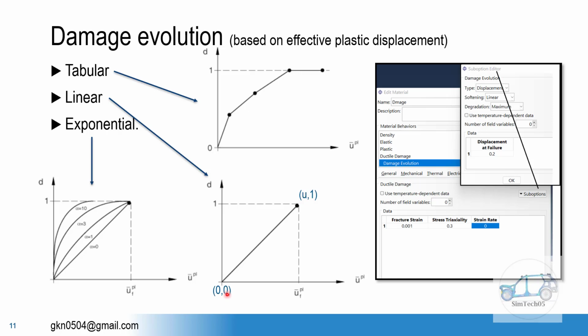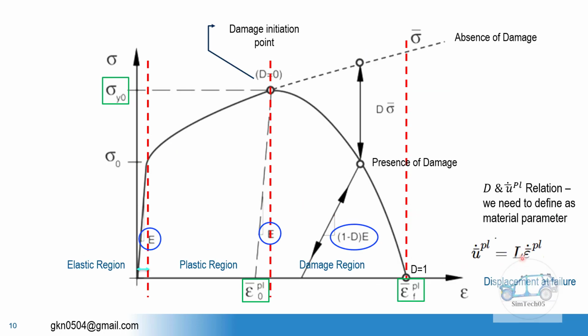X represents the displacement at failure and y represents the damage parameter. So at the beginning they will be 0, 0. At the end, when the damage parameter d will be 1, what should be the value of u? And this value can be calculated as per this particular formula.